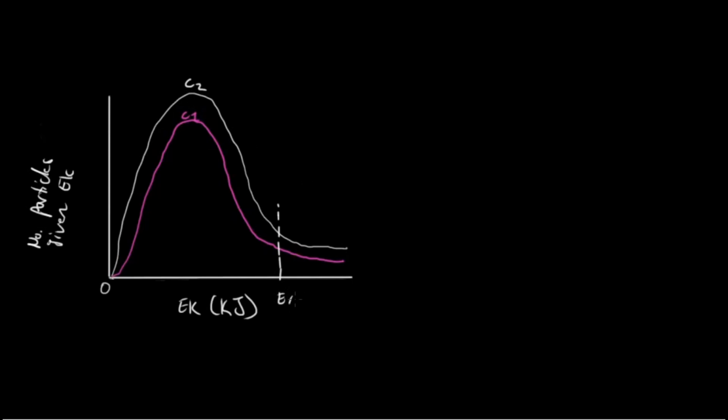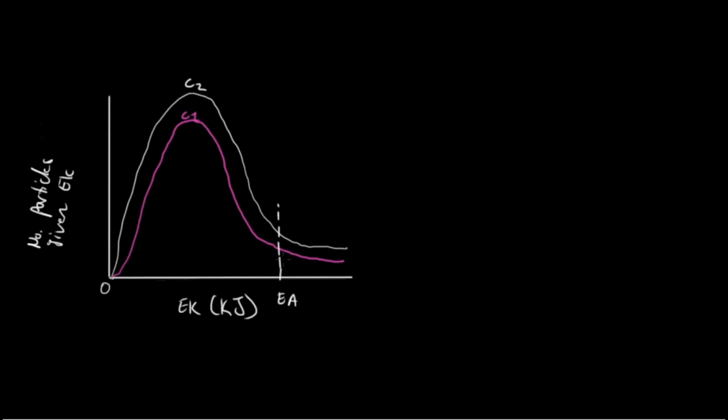The area under the curve is obviously greater for C2 than it is for C1. Obviously, it covers more area, and that means there are more particles per unit volume in a container.